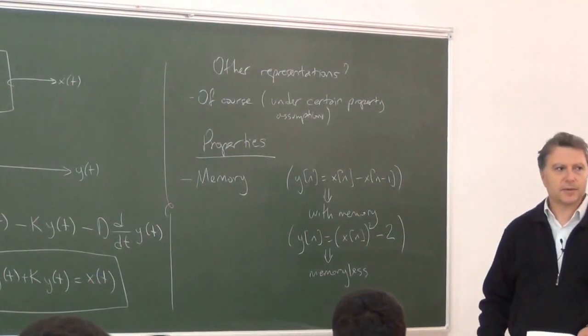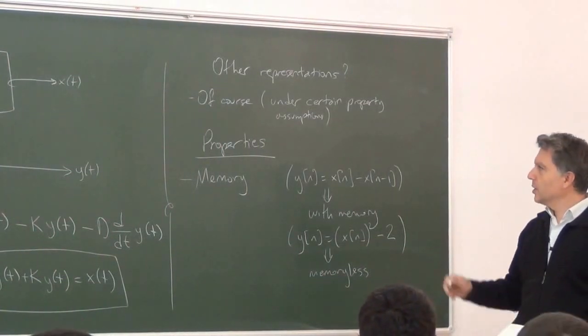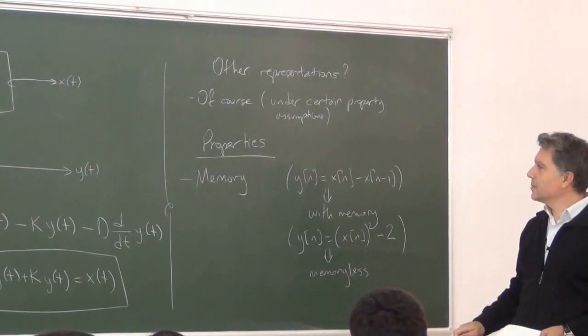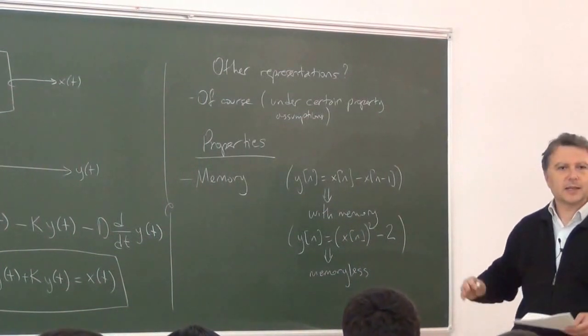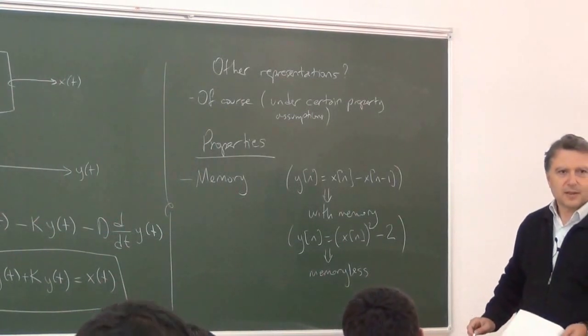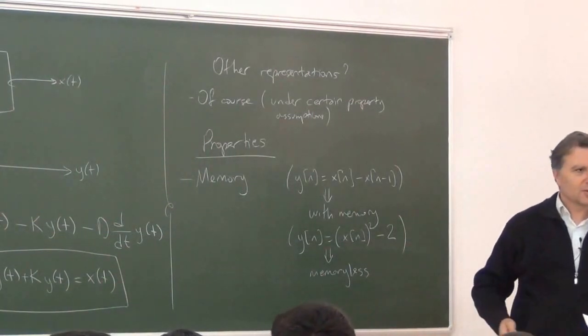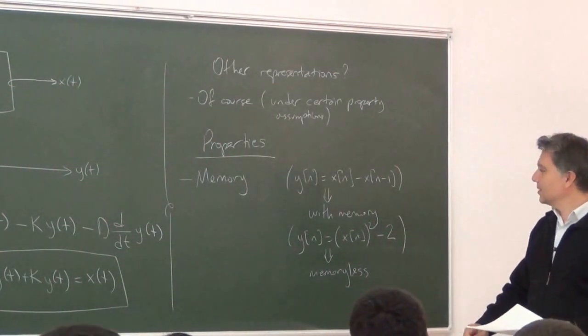They don't have a memory. I guess you should be able to define whether a system is with memory or memoryless by just inspecting the input-output relations. That wouldn't be very difficult. If it requires past inputs, then it is with memory. If it doesn't require past inputs, then it is memoryless.